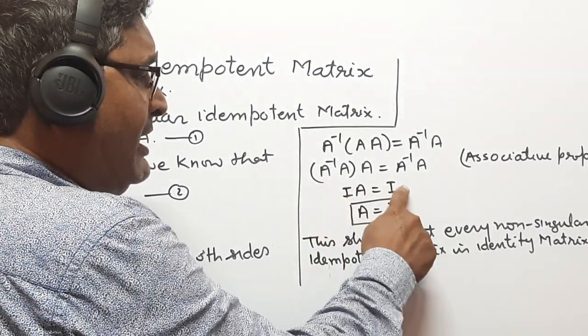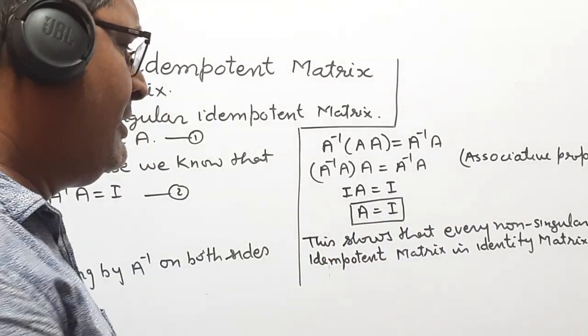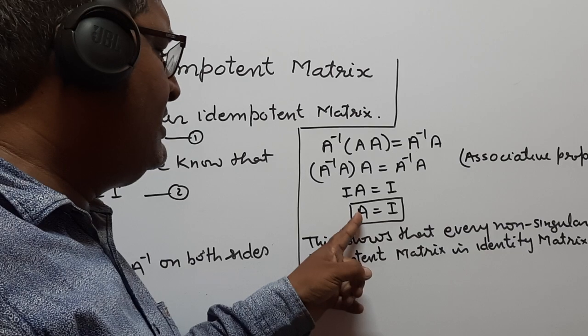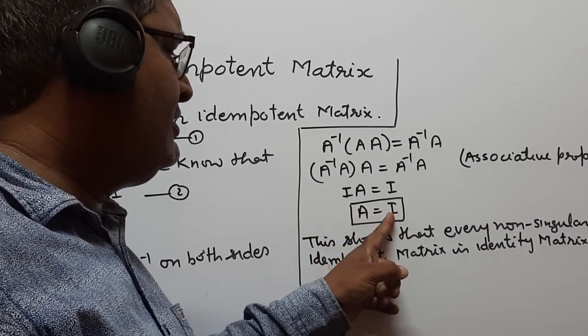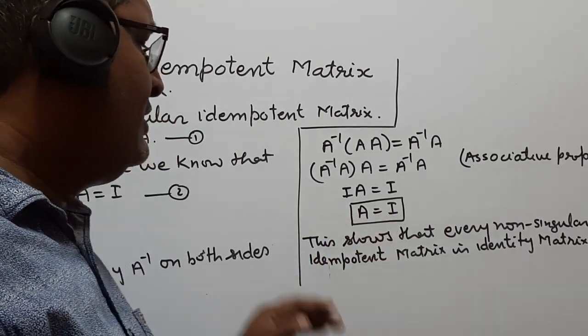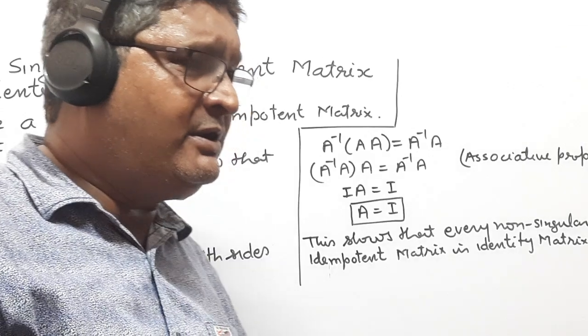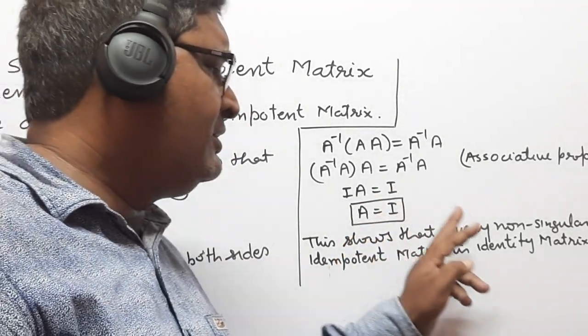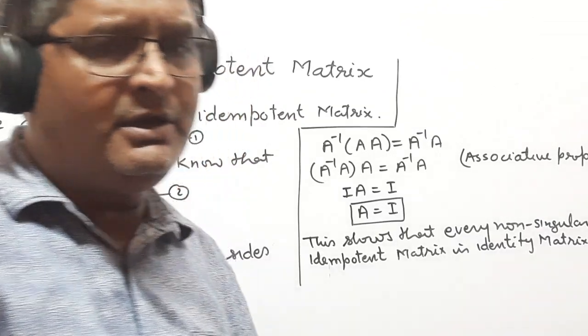So on the left and right both we write the identity matrix. Now A matrix multiplied by the identity matrix gives A matrix, this is equal to the identity matrix. This shows that if A matrix is a non-singular idempotent matrix, then it is an identity matrix.